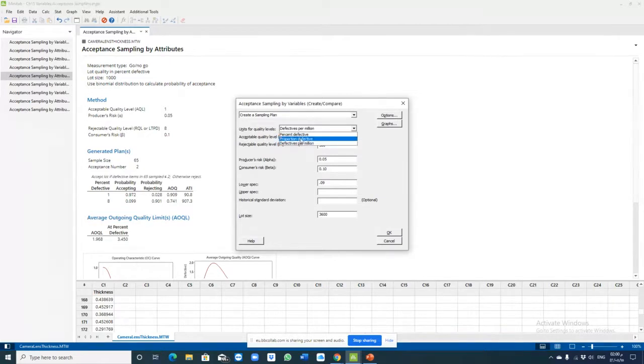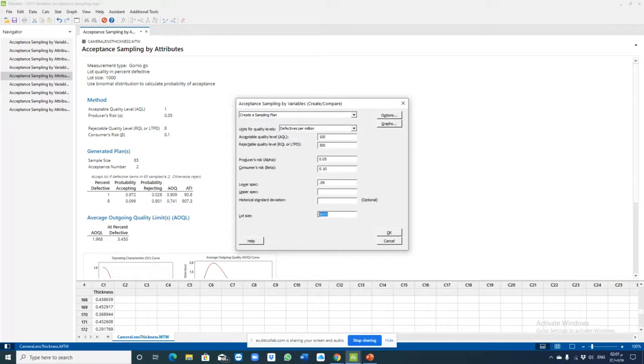If it gave you the defective as a percent, but gave you a specification with a variable data, then you have to enter the variables, not the attribute, and you enter the lower specification here. If there is upper specification given, then you enter it. If you don't have, it is okay. As well as if there is standard deviation for the previous historical data.